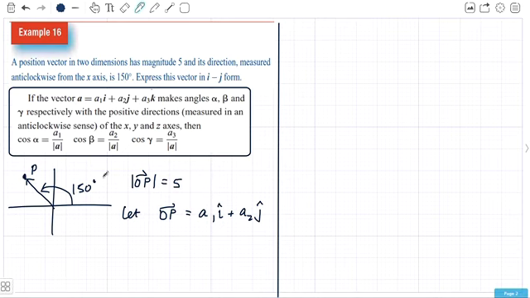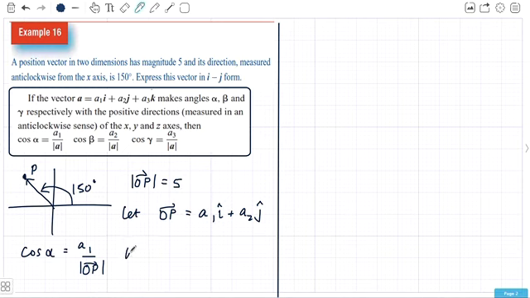A1, and it's i and j, so we only need 2 dimensions, A1 i plus A2 j. Now we can use the formulas here, which we know. First one, we can find cos alpha. We're going to use this formula, A1 over the magnitude of OP. Now alpha is the angle that's made with the x-axis, and we know that is 150 degrees because that's that entire angle there.